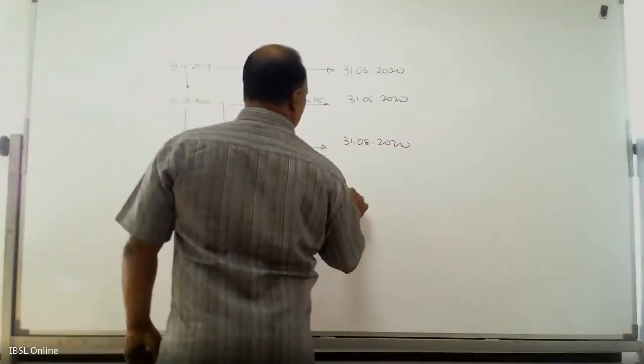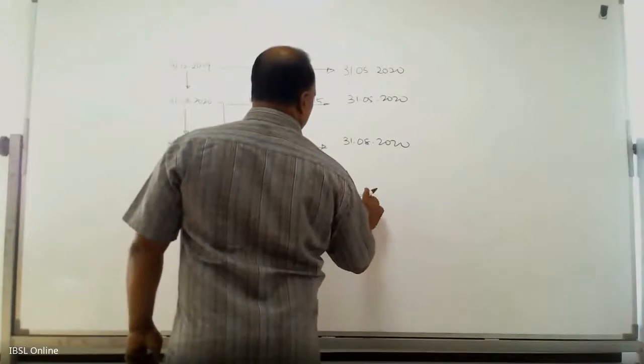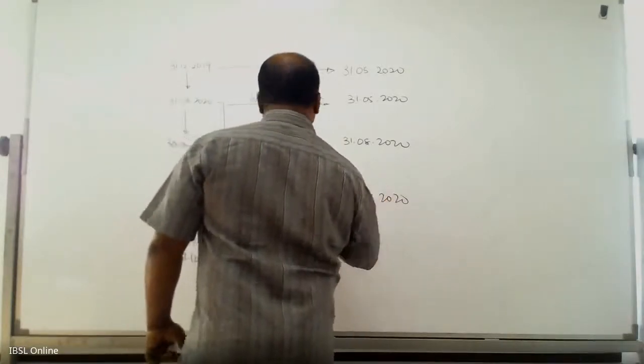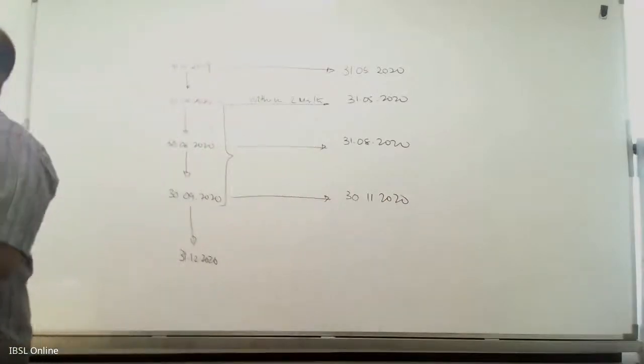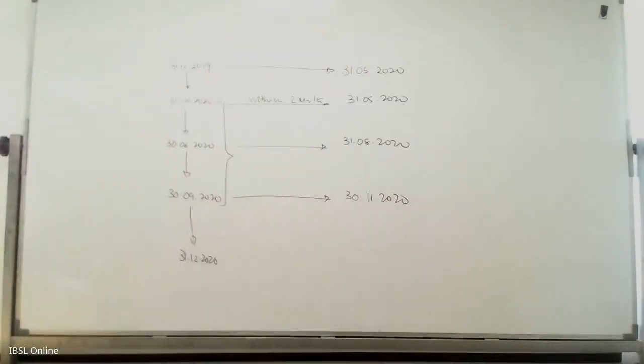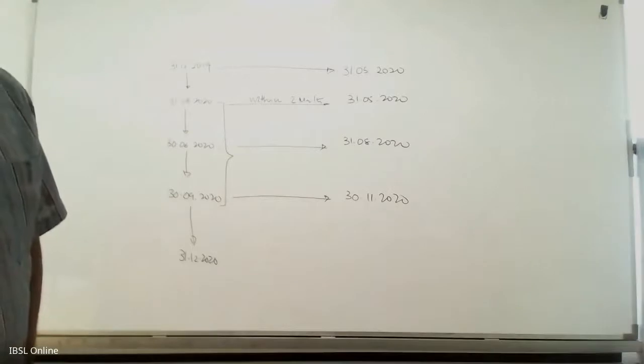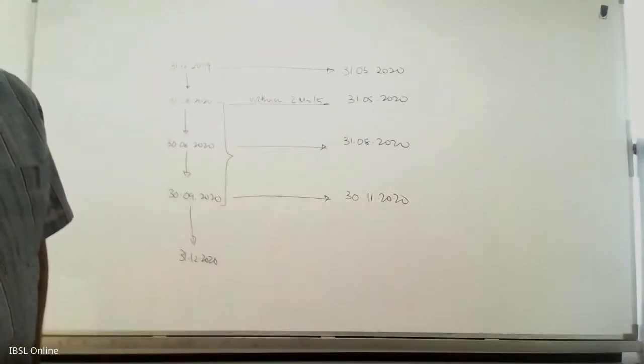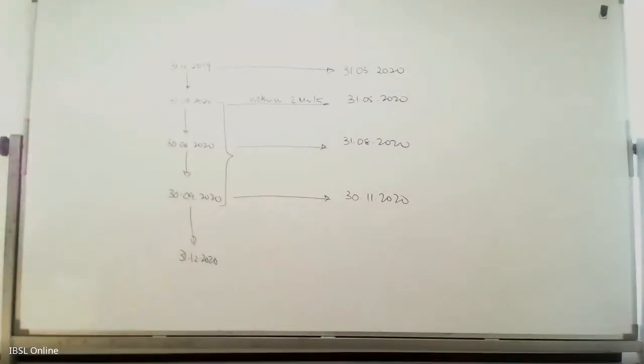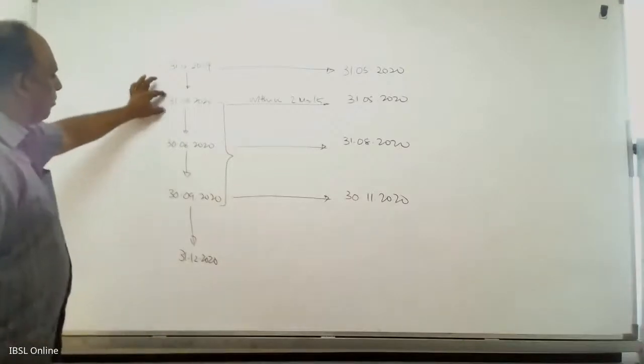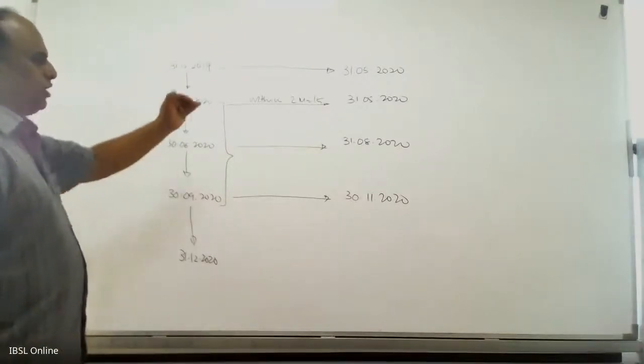This is 30th November 2020. So this is how it works. Within 2 months means you have to consider each quarter and how it works.